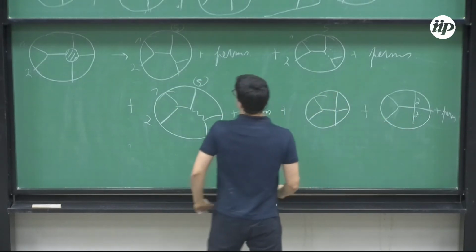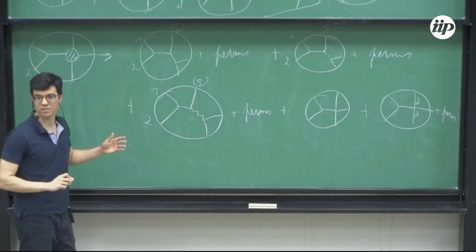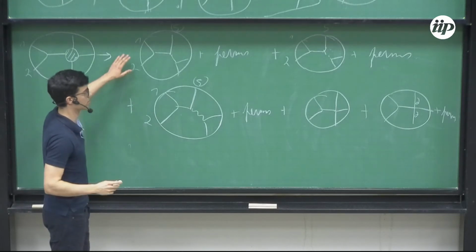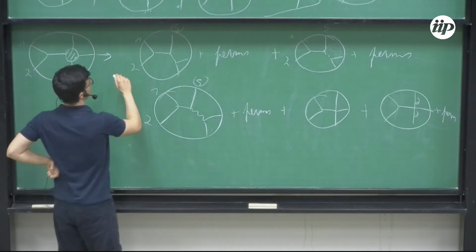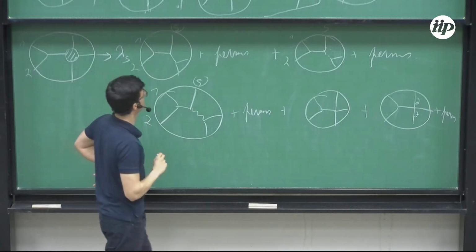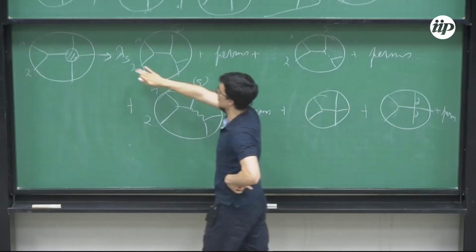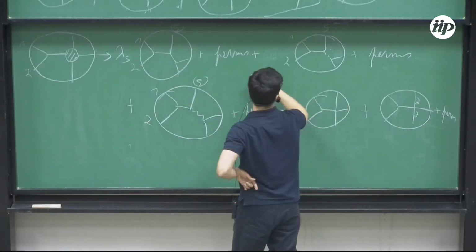Okay. And so each of them will come with a coupling, which you could in principle extract from looking at the effective Lagrangian of the theory. So here this is going to be, let me just call it some lambda s. And so these guys are just given by the same coupling, but with a permutation of the points.